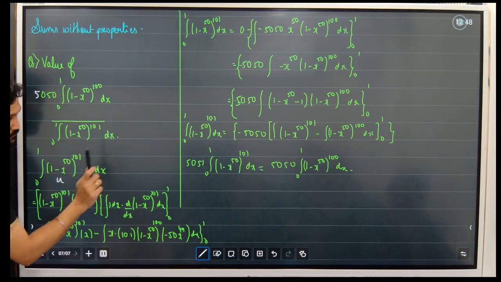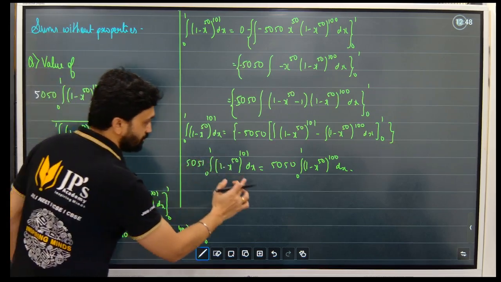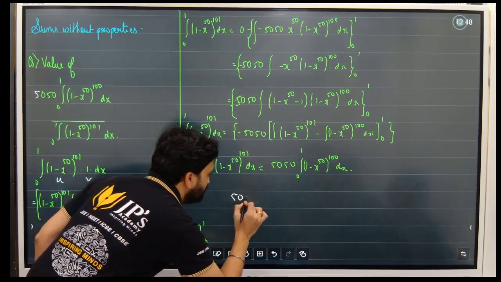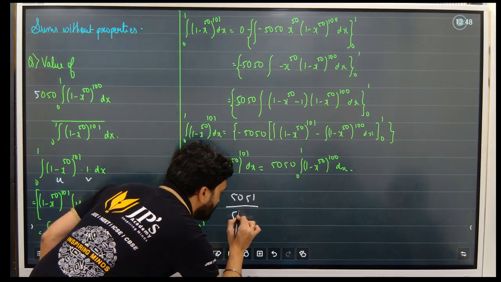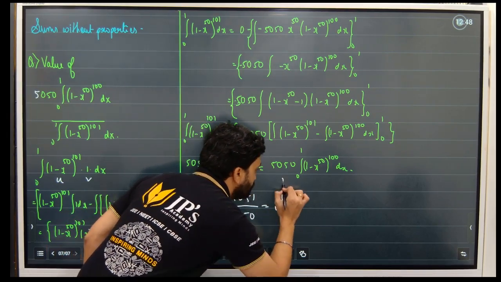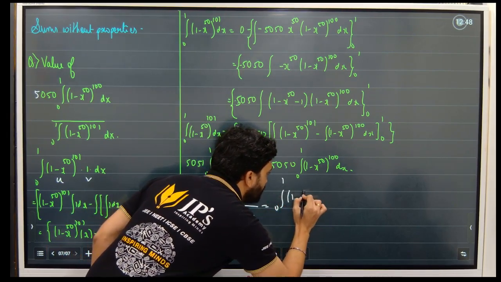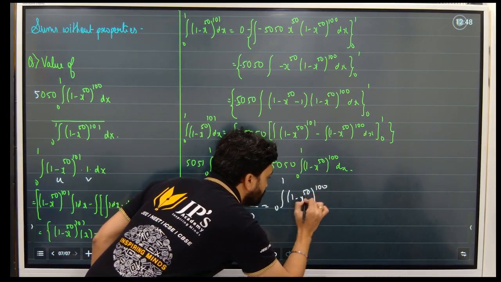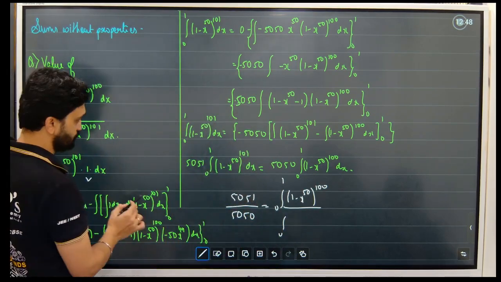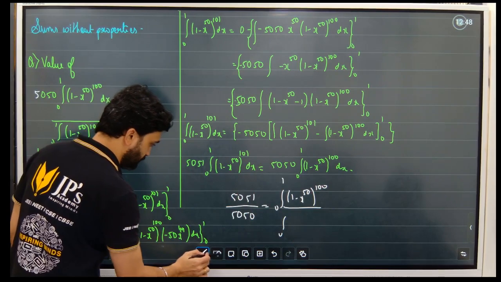I need 100 on top, not 50, and 101 at the bottom. If I take it in the denominator, my final answer is 5051 upon 5050 is equal to integration 0 to 1, (1 minus x raised to 50) raised to 100 upon integration. What is given with this? 5050 is given, so we'll take 5050 on the left hand side.